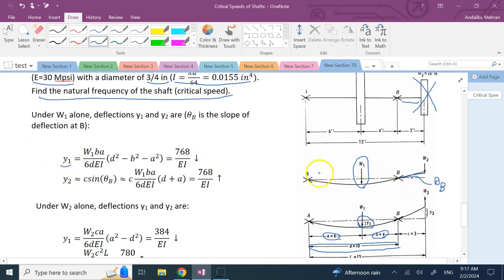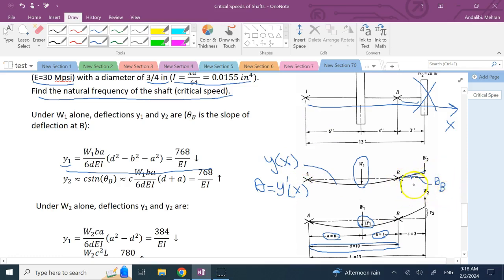So if you know y as a function of x for this beam, then theta from your solid mechanics knowledge is y prime of x. We had the formula for y of x from solid mechanics, and we just plug in this point for x, which is x equal d if you start x from the left side. We take the derivative of y at that point, and that gives me that angle theta.